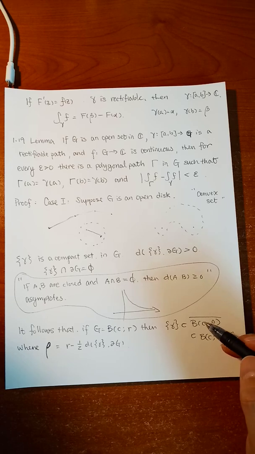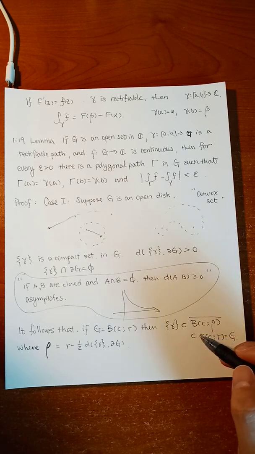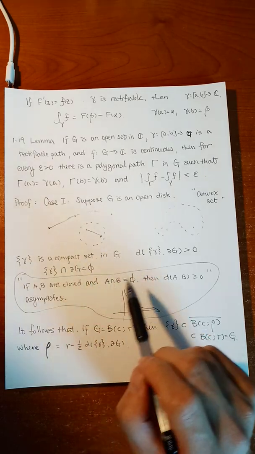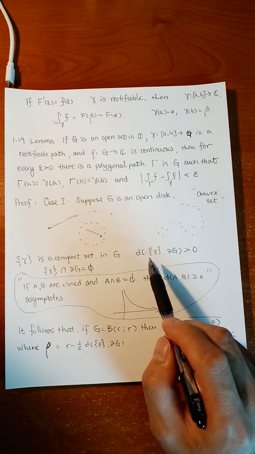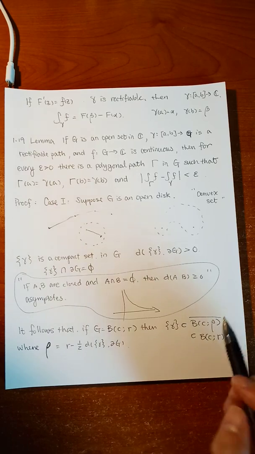The reason we want this smaller closed disk inside the open disk is that whenever we take the closure, it's compact. And remember we are only interested in the integral of F along gamma.